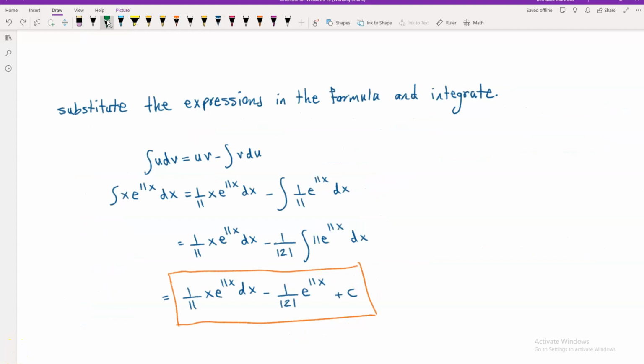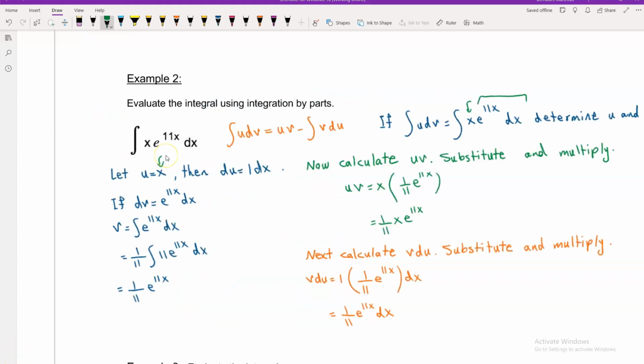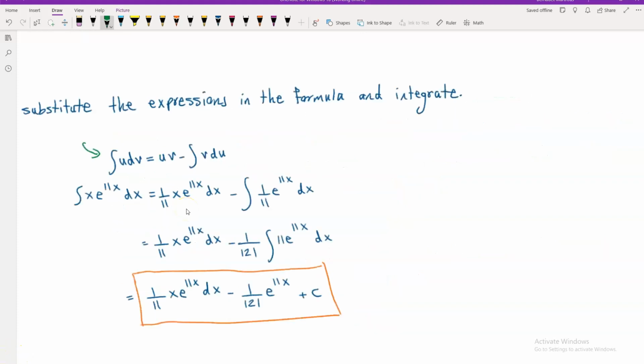Next step, substitute the expressions in the formula and integrate. I'm going to use this formula: integral of u times dv equals uv minus integral of v times du. What we had for the integral of u times dv was the integral of x times e to the power 11x times dx. Then use u times v, which was 1 over 11 times x times e to the power 11x, minus the integral of v times du, which was 1 over 11 times e to the power 11x times dx.